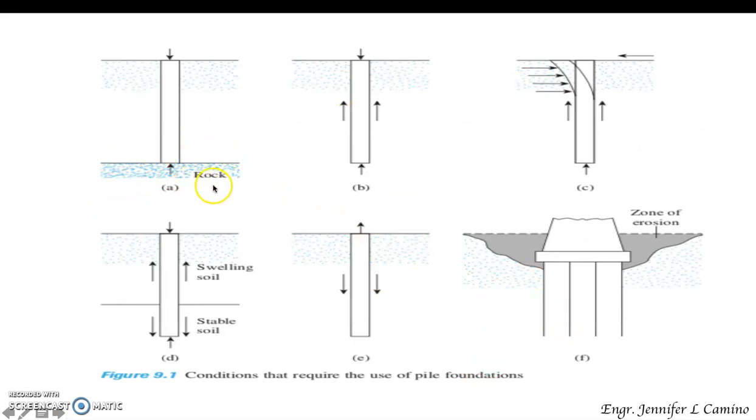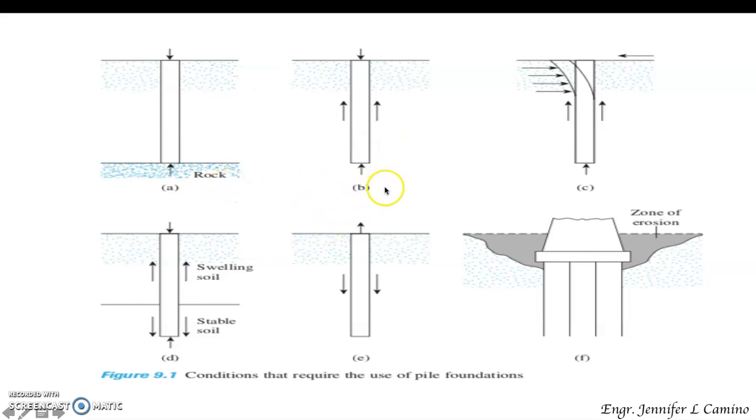So for this one, when you have an upper soil that is highly compressible and too weak to support the load transmitted by the superstructure, we use pile foundations, and the piles are used to transmit the load to underlying bedrock or a stronger soil layer. So this is the first condition.